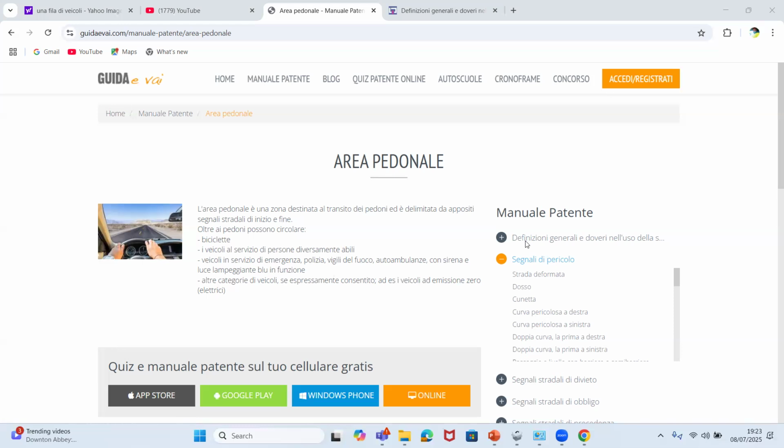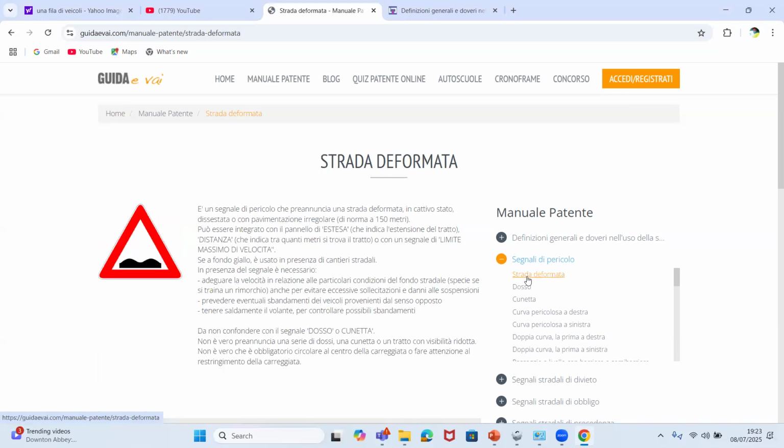Segnale pericolo is whereby normally before the particular place they do place it, that's 150 meters before the particular place. So it will be a form of triangle whereby the hazard, in most cases or sometimes, will be drawn into that angle.